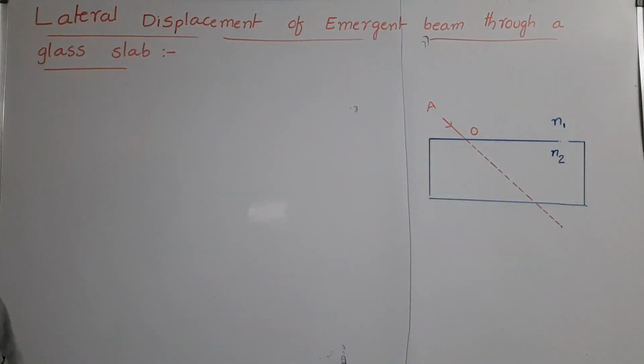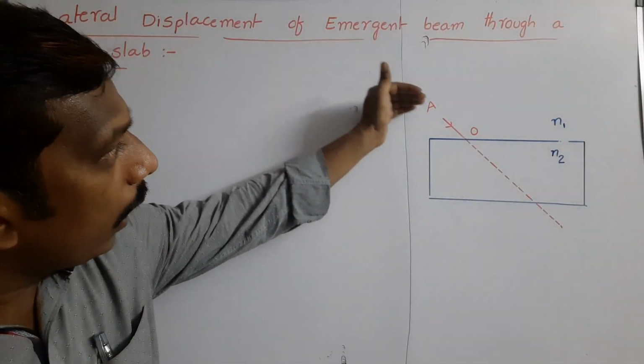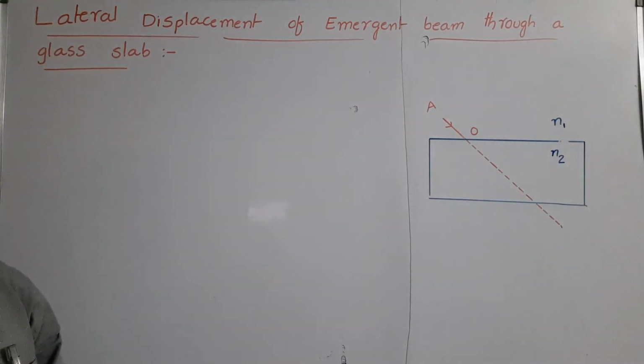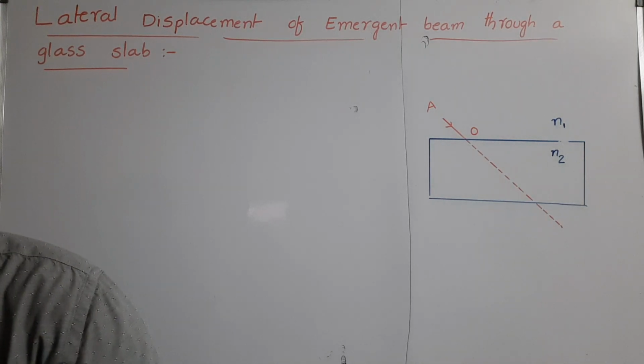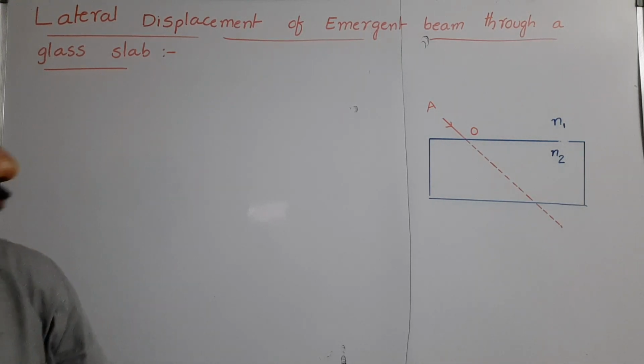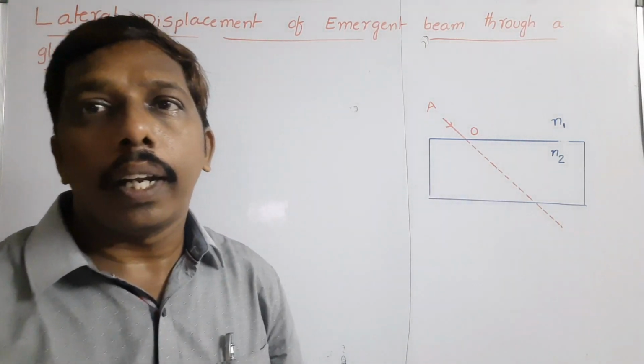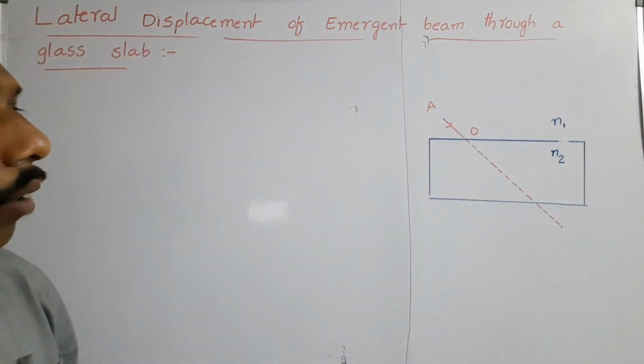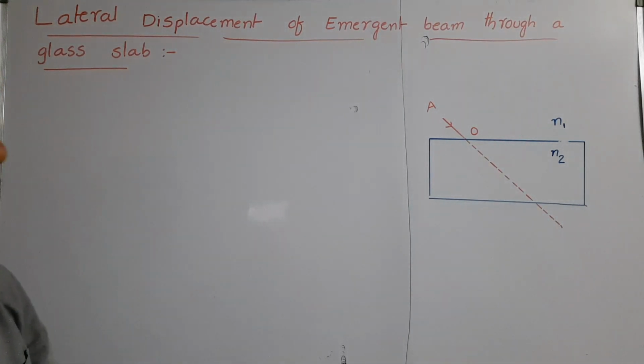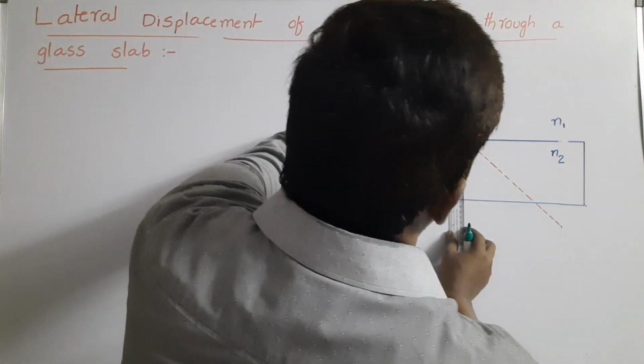The light ray is incident on the glass slab at point O, the point of incidence. If the glass slab is not there, this is the original path of the light ray. Now, whenever it is incident on the glass slab, first we should draw one normal.